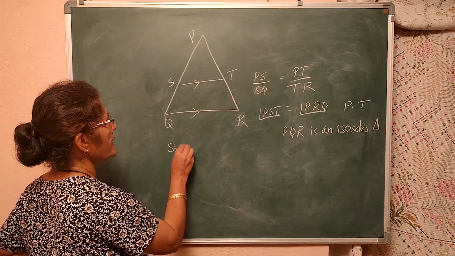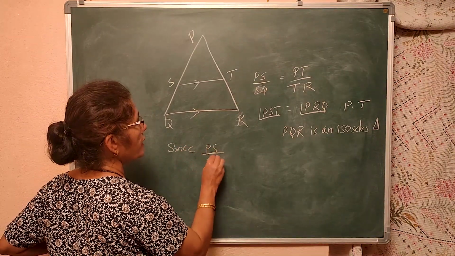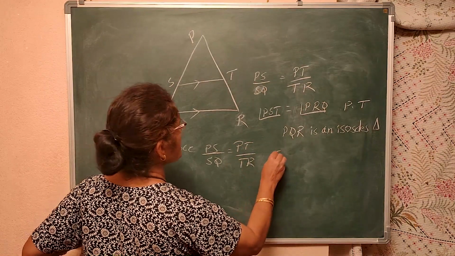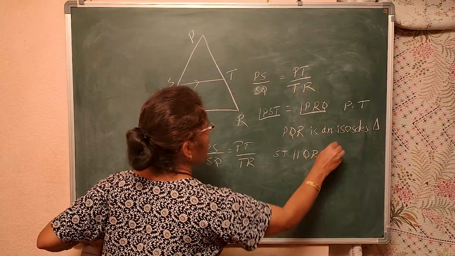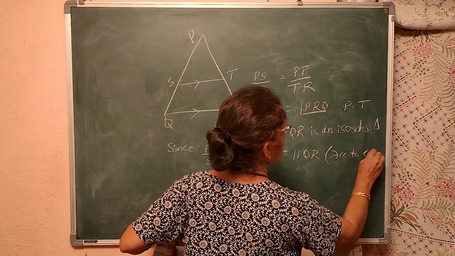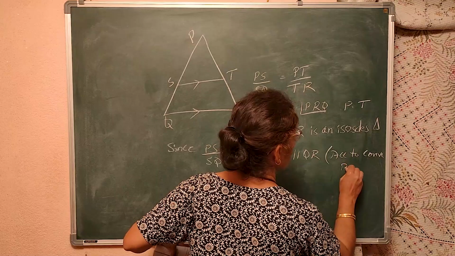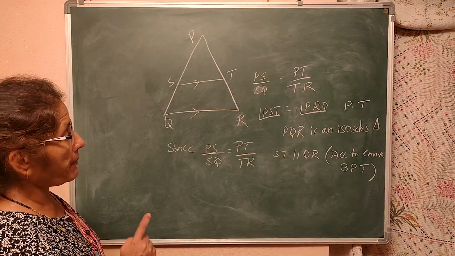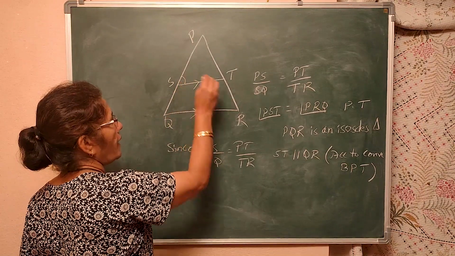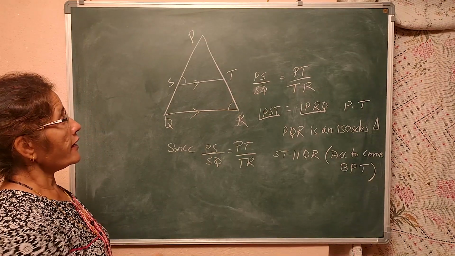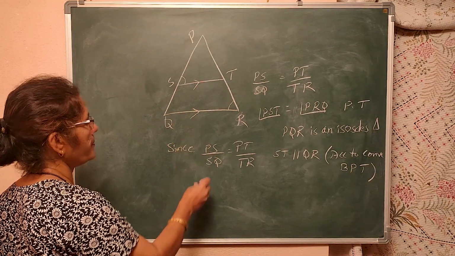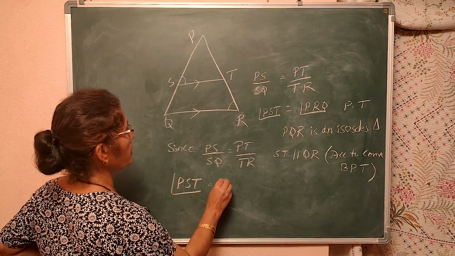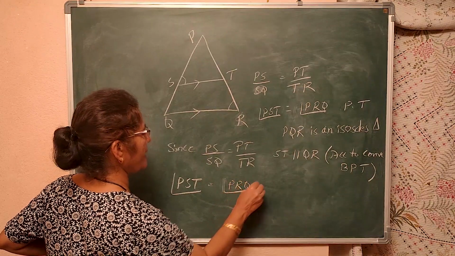Since PS by SQ is equal to PT by TR, you can say ST is parallel to QR according to the converse of the basic proportionality theorem. I hope you have understood. And after that, what is given? Angle PST is equal to angle PRQ. Now, when these are parallel, they have given PST is equal to PRQ. Right? Given.